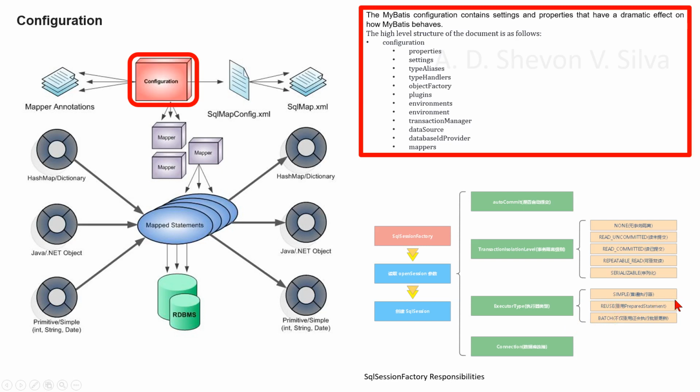It creates a new prepared statement for execution of each statement. Executor type dot reuse. This type of executor will reuse the prepared statement. Executor type batch. This type of executor will execute all update statements in batches. If a select is executed in the middle, the multiple update statements will be separated if necessary to facilitate understanding.